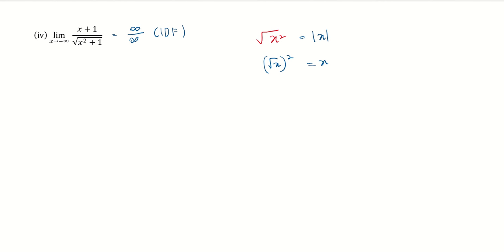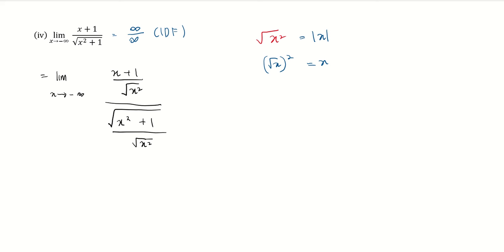Now we are going to divide each term by the square root of x squared, which is the modulus of x. So we write the limit as x approaches negative infinity, and up here we divide by the square root of x squared, and down here at the denominator we also divide by the square root of x squared.